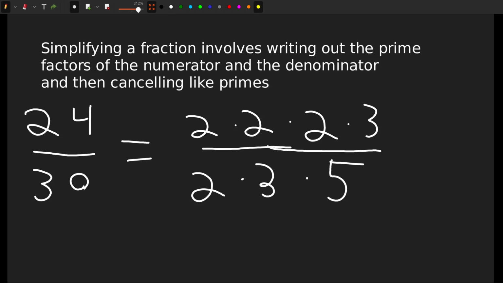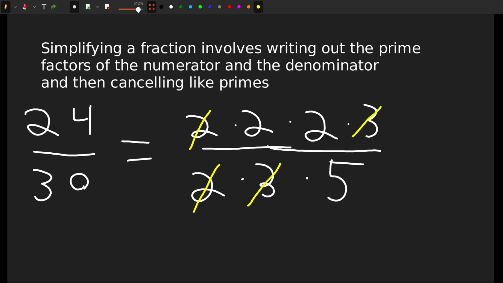The next thing we're going to do is cancel like primes. And so what that means is for every number that is the same on the top and the bottom, we're going to cancel one of each. So I see 1, 2 on the top and 1, 2 on the bottom. So I'm going to cancel these two out. I also see 1, 3 on the top and 1, 3 on the bottom.